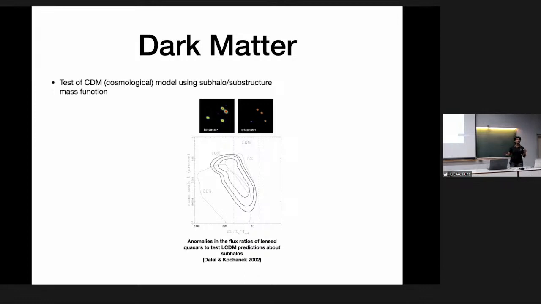In cases where you have multiple images, just by chance some of these subhalos will fall very close to some of the lensed images, and they will cause further perturbation to the lensed image properties. And what are the properties I mentioned? The image positions, the magnifications, and time delays, right?